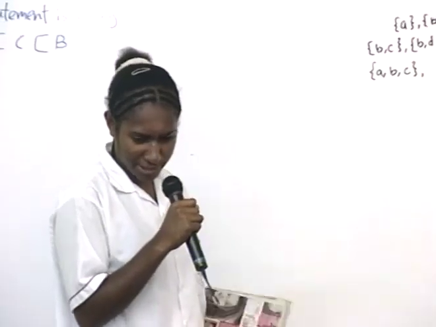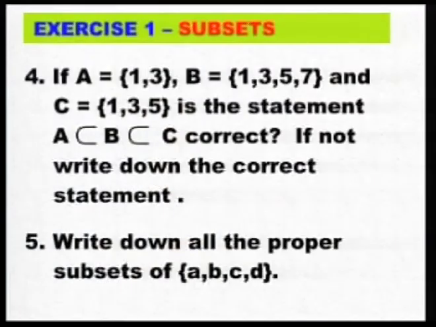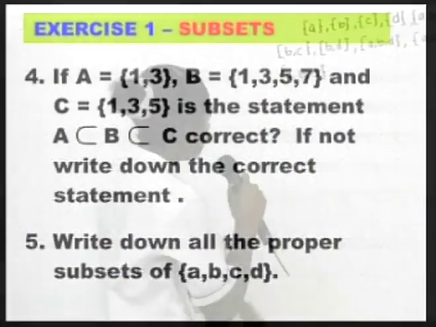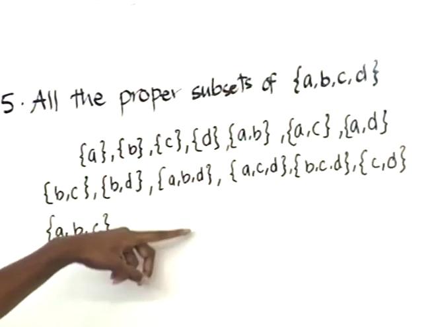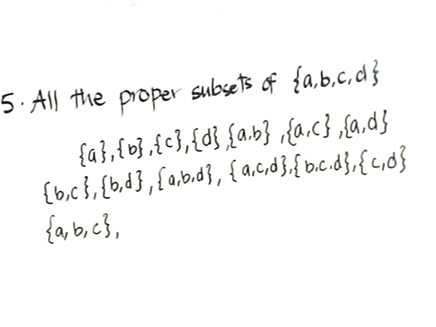Question 5 reads, write down all the proper sets of A, B, C, and D. There's 14 sets: A, B by itself, C, D, AB, AC, AD, BC, BD, ABD, ACD, BCD, CD, and ABC.